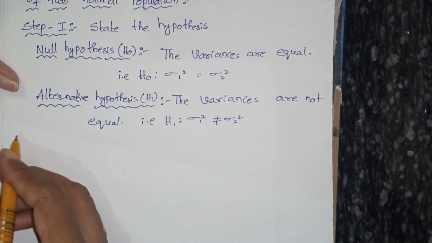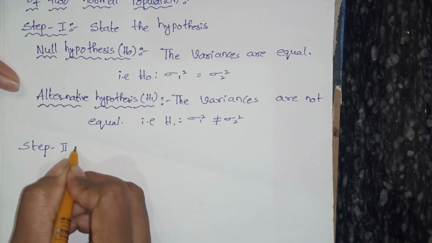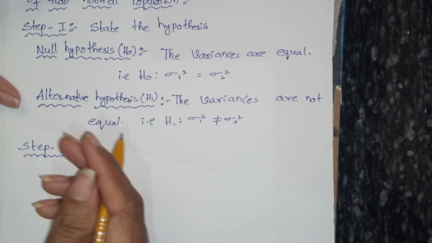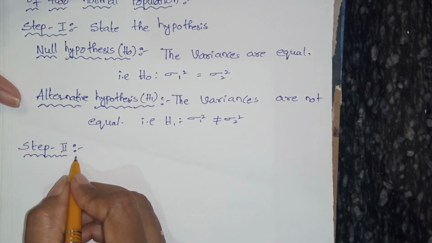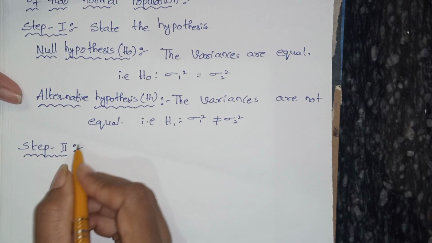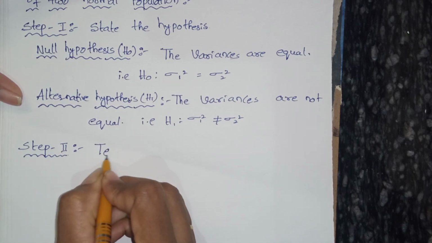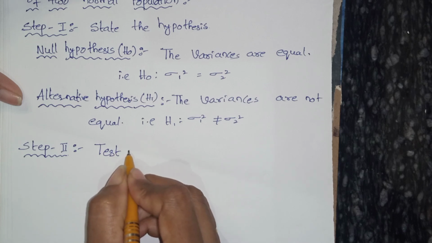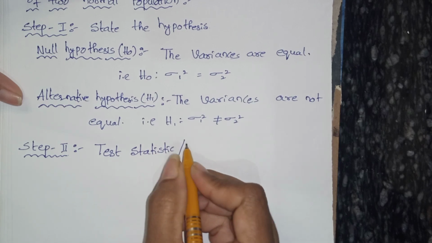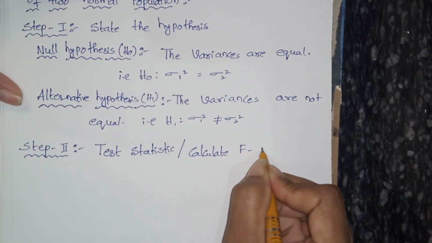Now what is step 2? Step 2 is to write the test statistic. We have to write the formula, which we call the test statistic, or we can say calculate the F statistic.